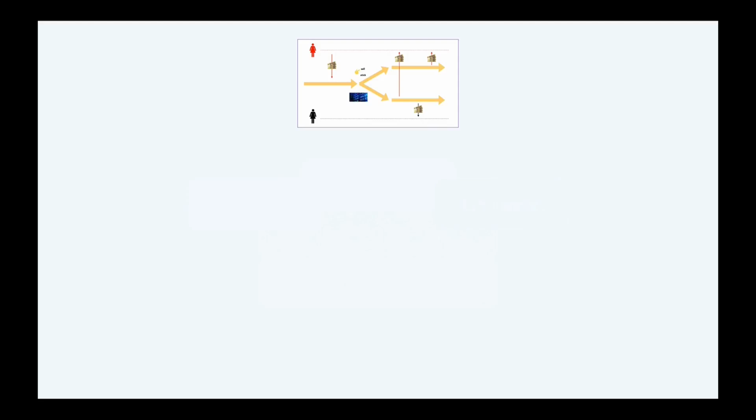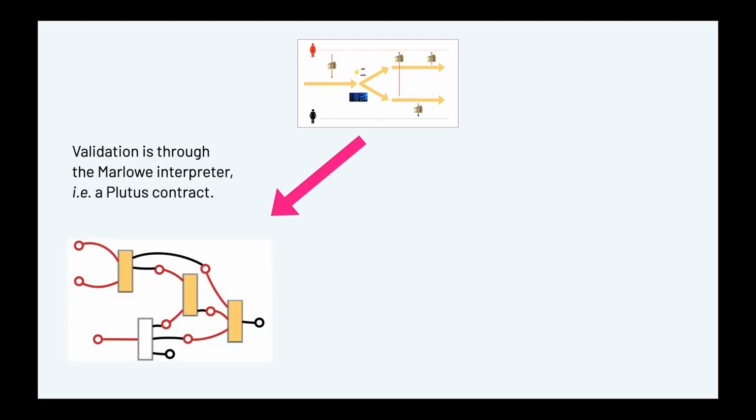Now, what does it mean to execute a Marlowe contract? Again, I think this will be familiar to you from your work with Plutus, but let's just talk through precisely how it works. Executing a Marlowe contract will produce a series of transactions on the blockchain. And obviously Plutus running on Cardano checks the validity of transactions.